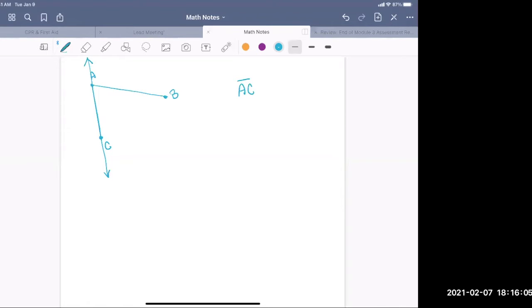And if your paper went on forever and ever, you could make your line go on forever and ever. So when we note a line with an arrow at the end instead of a dot, that is just a line. And lines go on forever and ever, and they never stop.